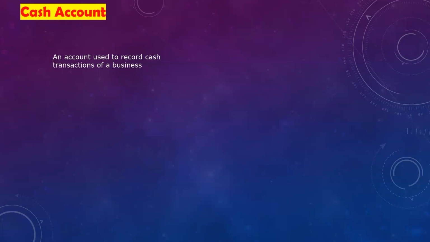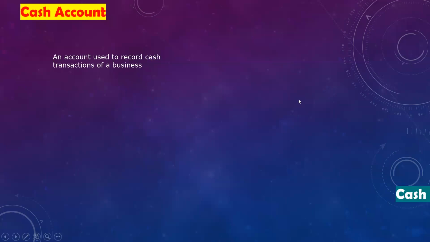Okay, let's see what this cash transaction means. Here, you don't need to understand much about what is cash account, right? That you will get to know when we do the practical question. But you must clearly understand what cash transaction means.